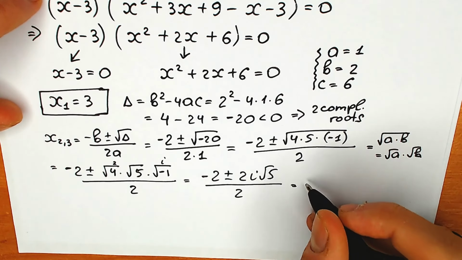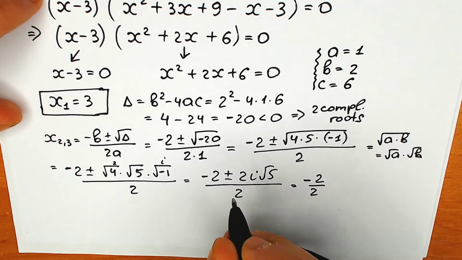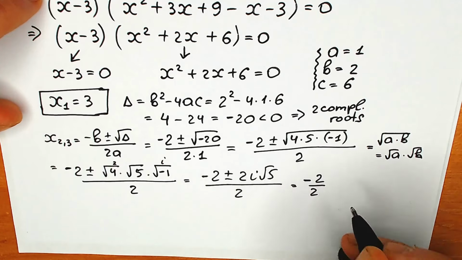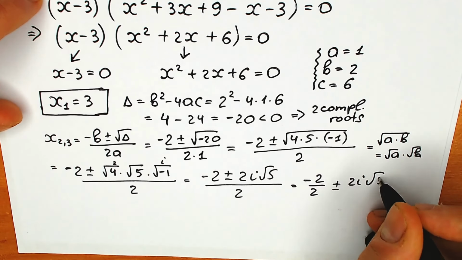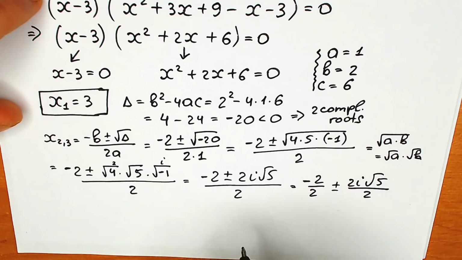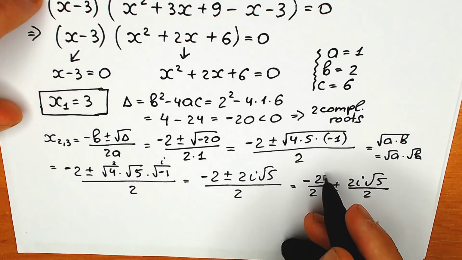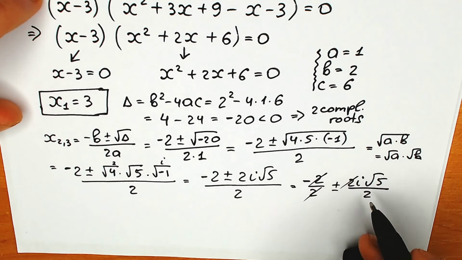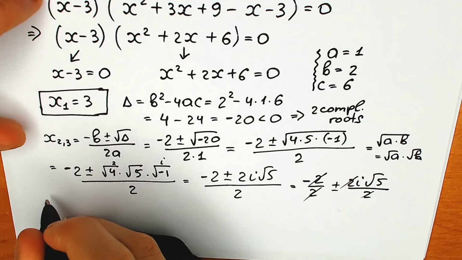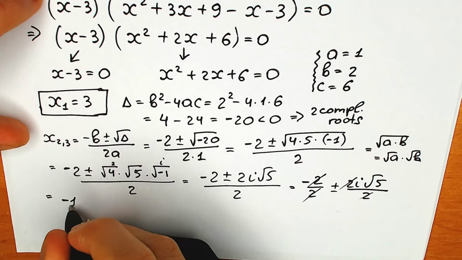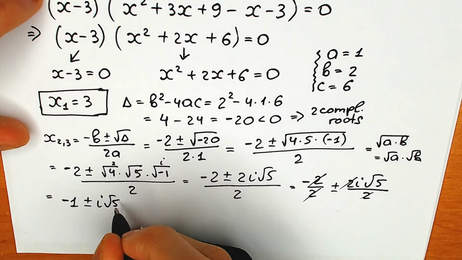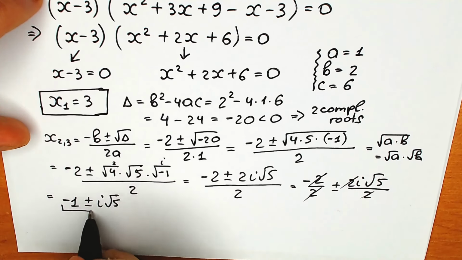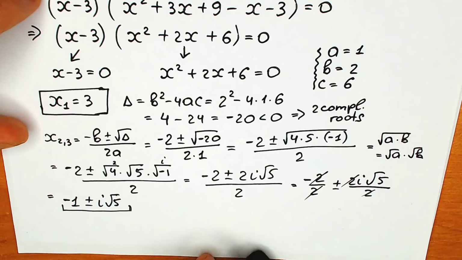We can write it as minus 2 over 2, so we can divide this numerator by parts, plus minus 2i square root of 5 over 2. And from here we can easily cancel these 2, and we can cancel these 2. As a result, we have minus 1 plus minus i square root of 5, and these are our two complex roots right here.